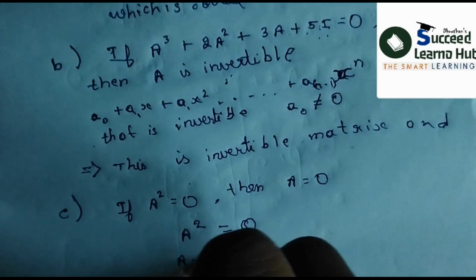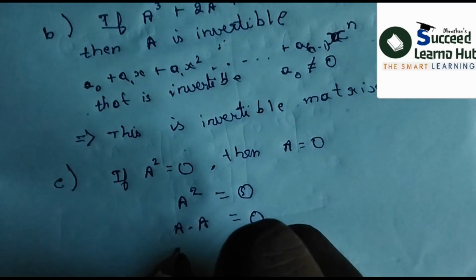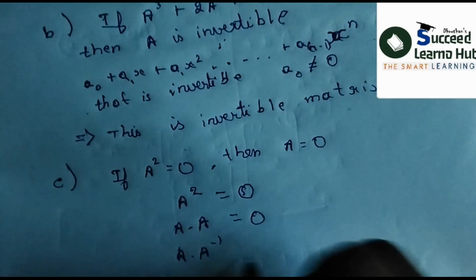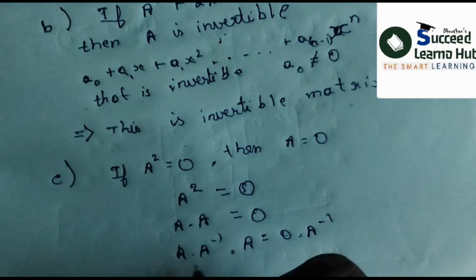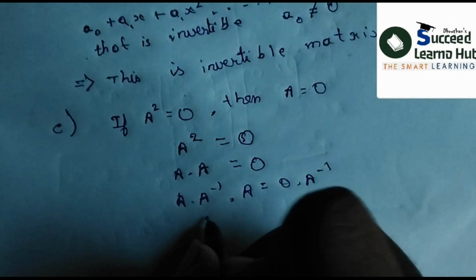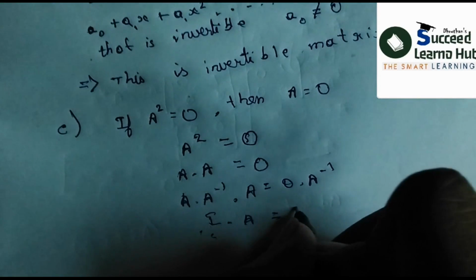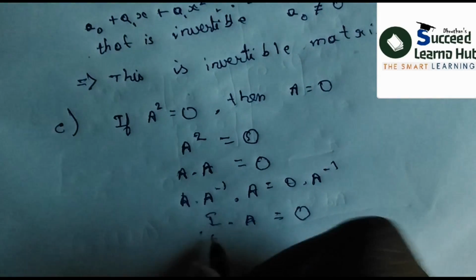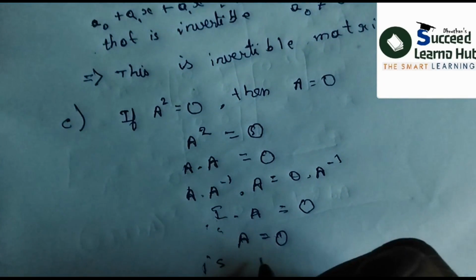A square is A into A is equal to 0. Multiply by A inverse on both sides. A into A inverse is equal to 0 into A inverse. Here A into A inverse is I. I into A is equal to 0 into A inverse, which is 0 itself. So A into I is A. So A is equal to 0 is again a correct answer.